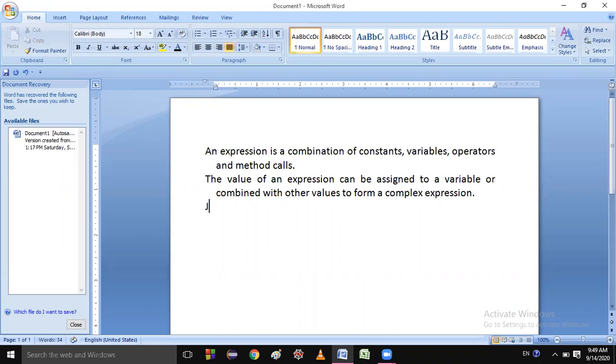You can write this also: Java expressions can be categorized into various types. Let me talk about the first one. The first one is arithmetic.